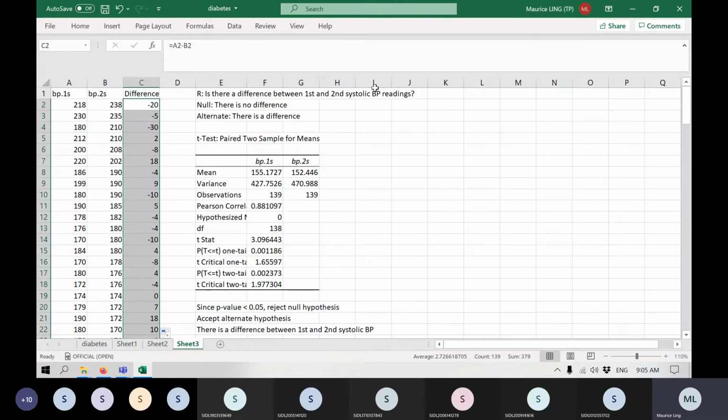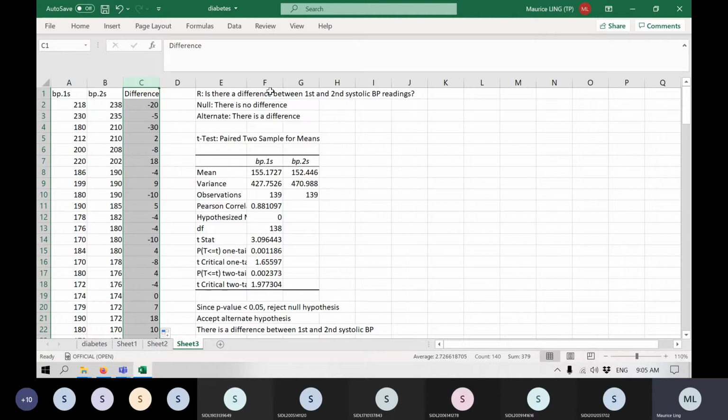Then what I'm trying to say is, does the average of the difference equal 0? If the mean of the difference equals 0, then there's no difference between the two readings. If the average is not equal to 0, then there is a difference. So your paired t-test is actually a one sample t-test.